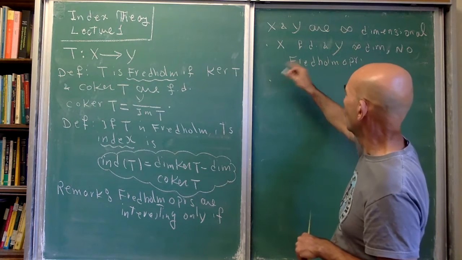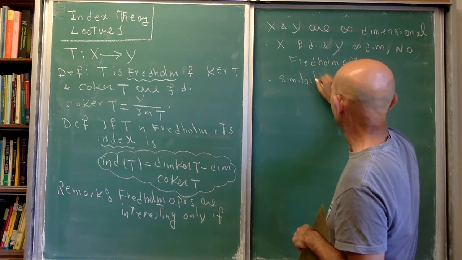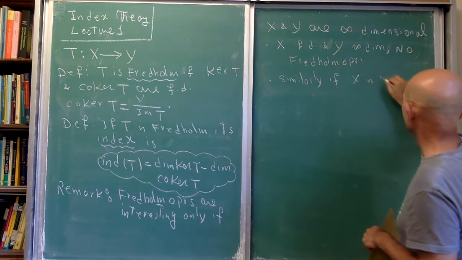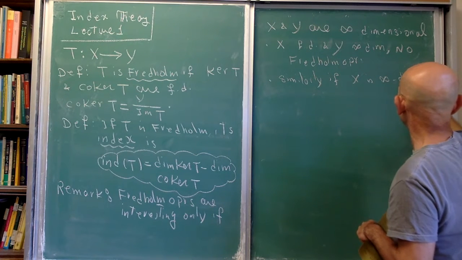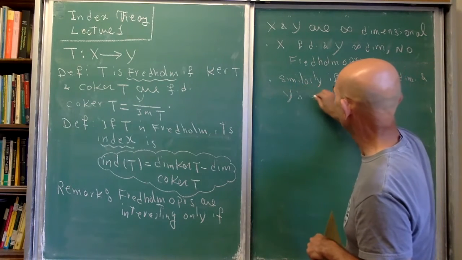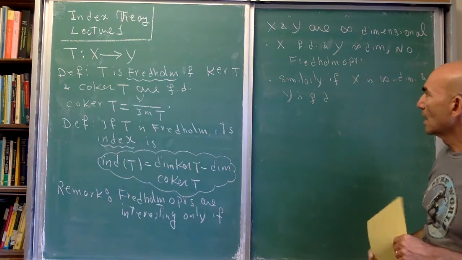Similarly, for the reverse, X is infinite dimensional and Y is finite dimensional. Okay.